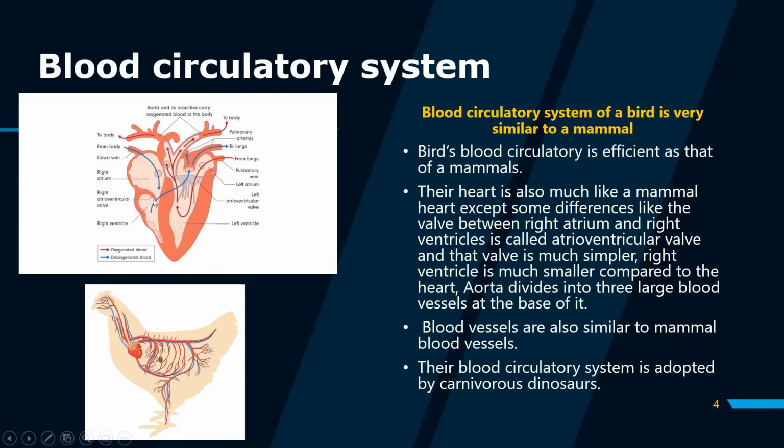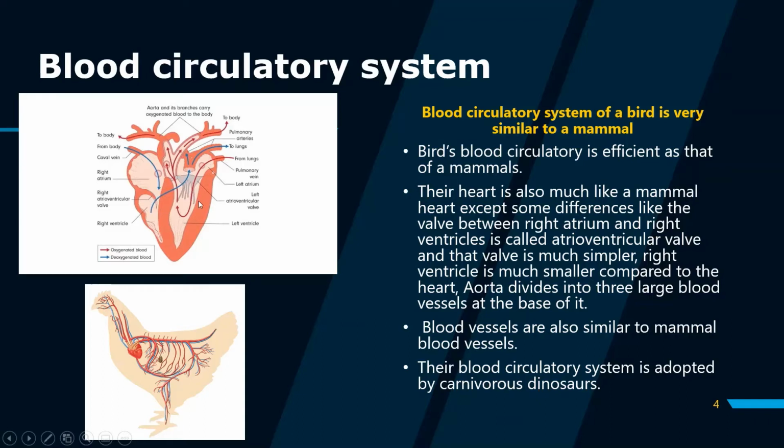This valve over here is called the right atrioventricular valve, which is much simpler than the tricuspid valve of a human. And the vein is called the cava vein, not vena cava. And the aorta divides into three large vessels at the base of the blood vessels. So there are some differences in the structure of the heart compared to a mammal.